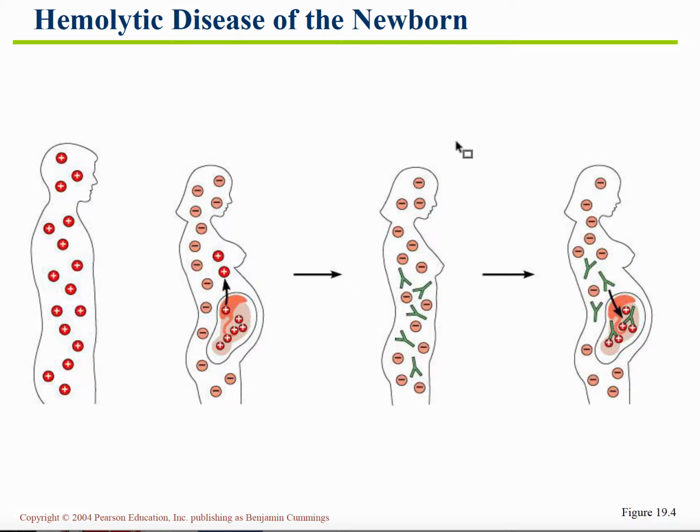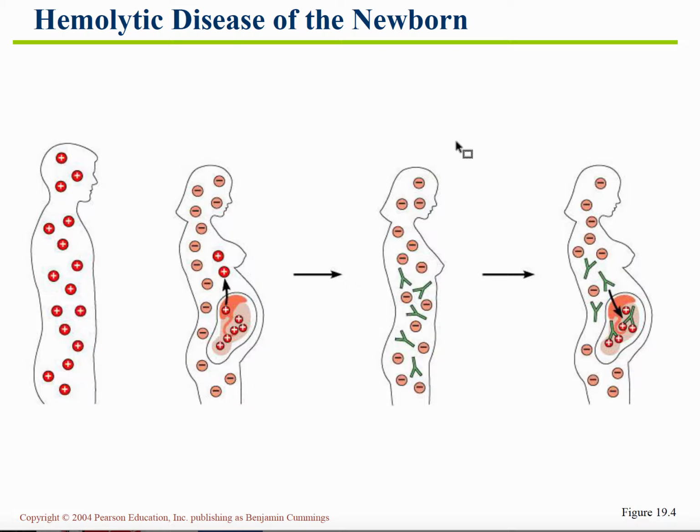Okay, so once again, the problem is with the second time. The first time that this happens, the first baby actually was probably okay, because this usually happens as before there was a placenta and that wasn't crossing over.